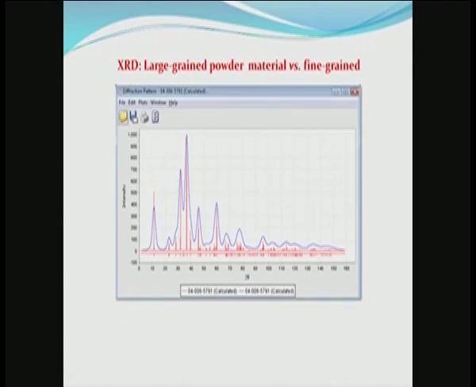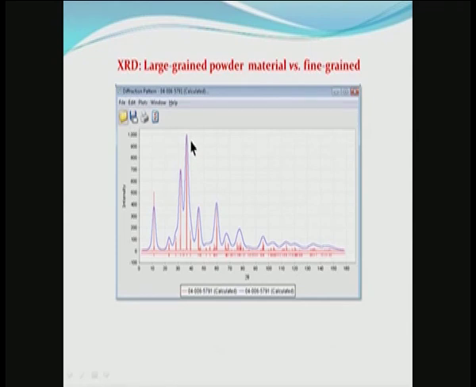Now, what is shown here is the simulation of the X-ray diffraction pattern of a powder material, that is fine material, crystalline material in the form of a powder. So, what is shown in these red lines here is the simulated X-ray diffraction pattern of a certain material.